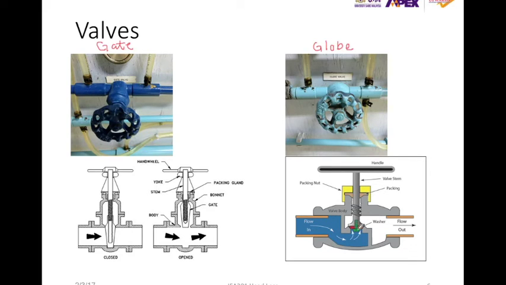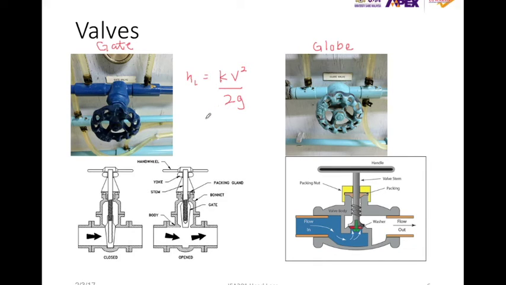This steady increase in flow with the opening of the valve is different than how the flow is allowed through the gate valve. We can also estimate the head loss of the gate and globe valve using the same equation that you saw before, which is HL equals KV square over 2g.